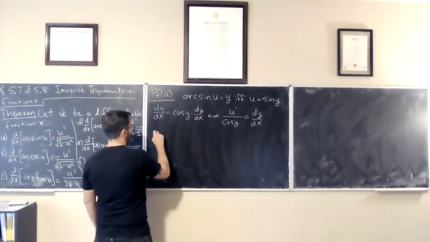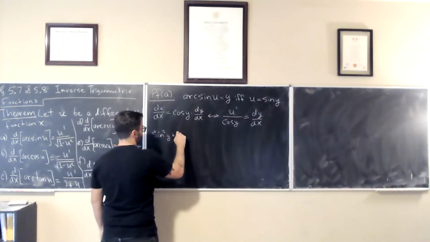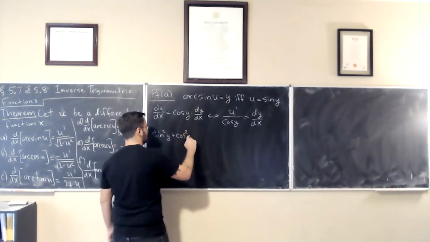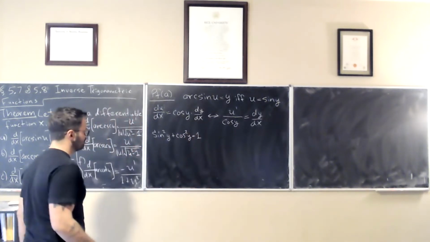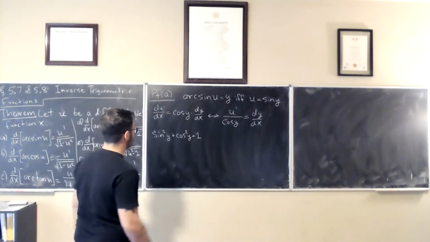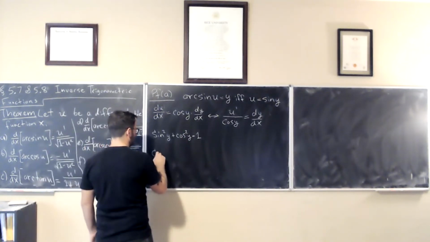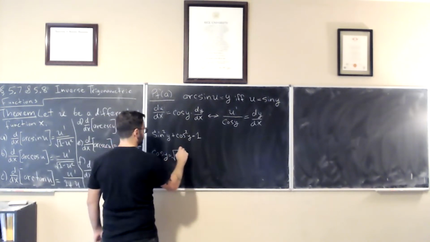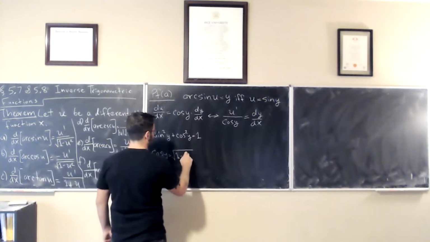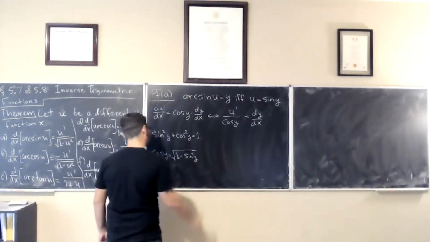Well, we know that sine squared y plus cosine squared y is equal to 1. I'm assuming that all of you would remember that. And then if we solve for cosine y, we get that cosine y is equal to the square root of 1 minus sine squared y, right?